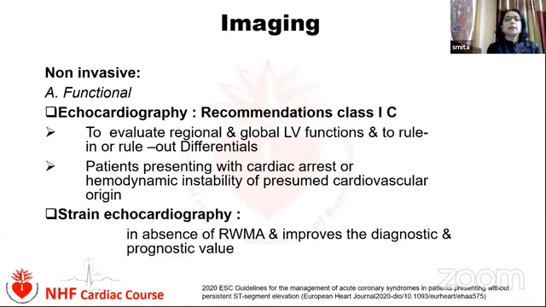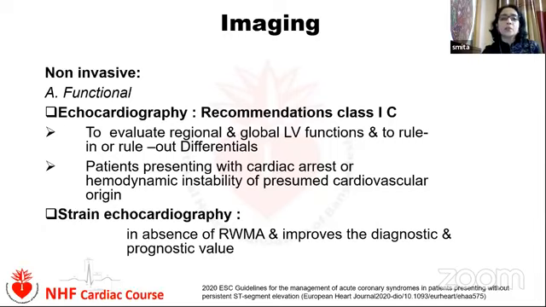Now, imaging. Among the imaging, we can carry out non-invasive and invasive imaging. The ESC guideline recommends echocardiogram to evaluate regional and global LV function and to rule in or rule out the differentials, like myocarditis, aortic dissection, or pericardial effusion.